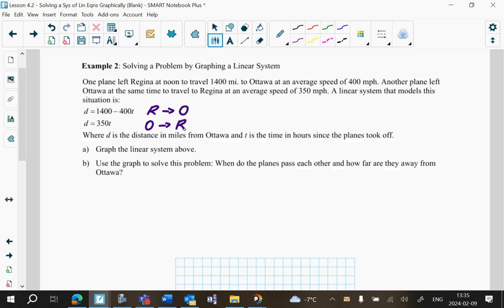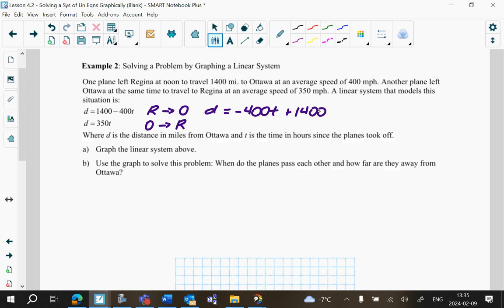All right, so what I want to do, you've got to think of these like y and x. Well, I'm going to rewrite this one so that it looks like this, because that's the way we're used to seeing it. Because this is y equals mx plus b form. This is already in y equals mx plus b form. It's just there's no y-intercept.